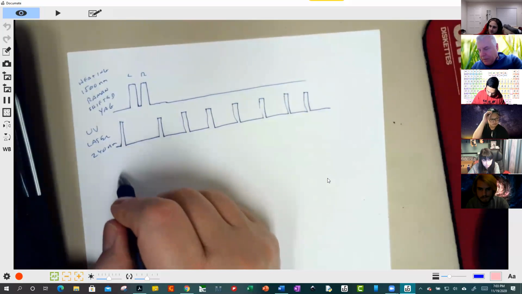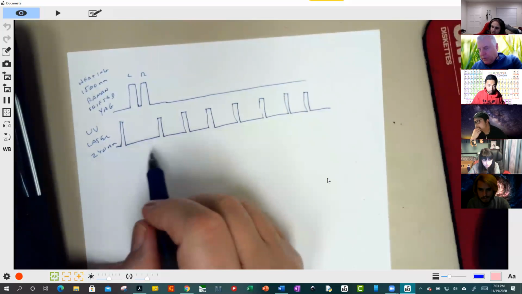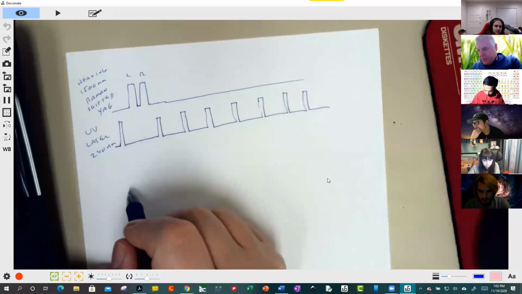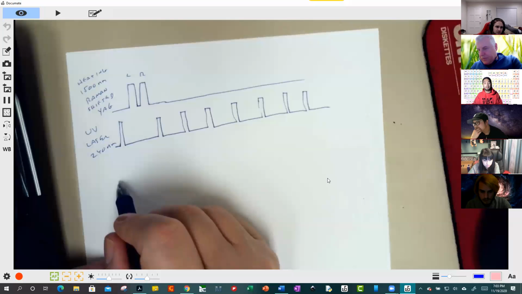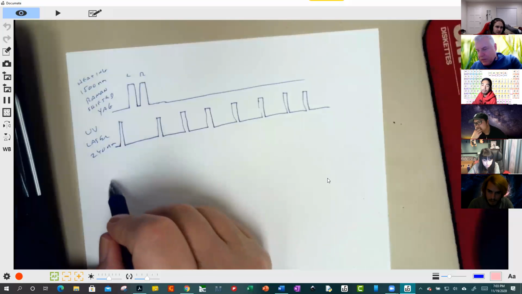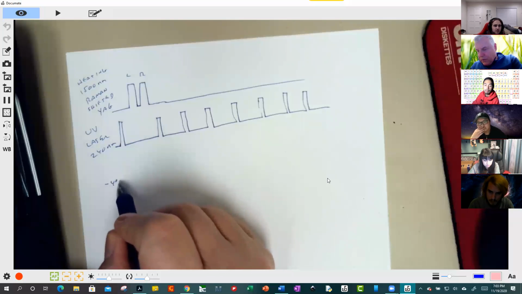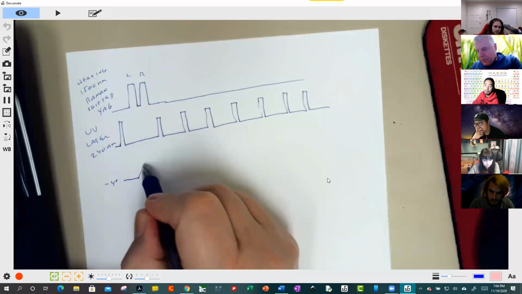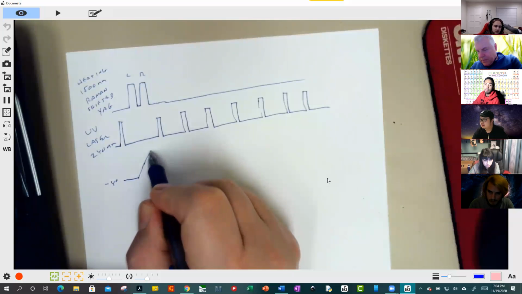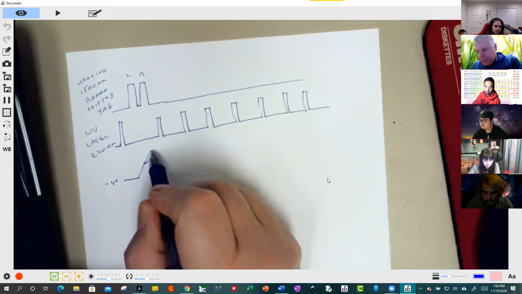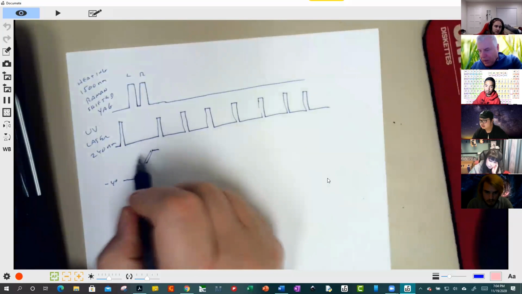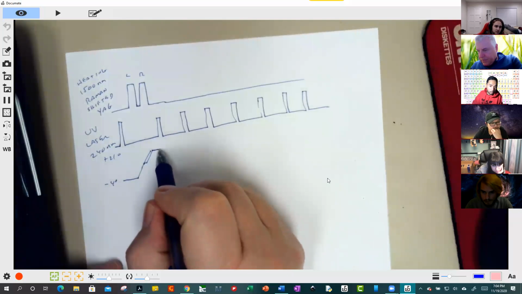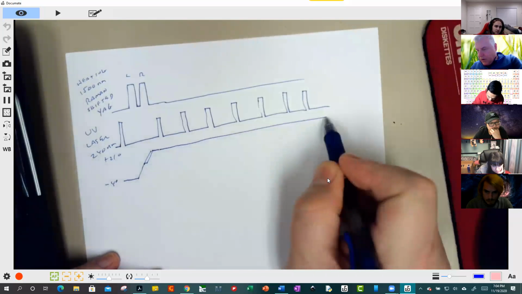Now, if I were to plot the temperature versus time, temperature versus time is going to start at -4 degrees, and then it's going to shoot up to about +21 degrees. That's going to be constant.